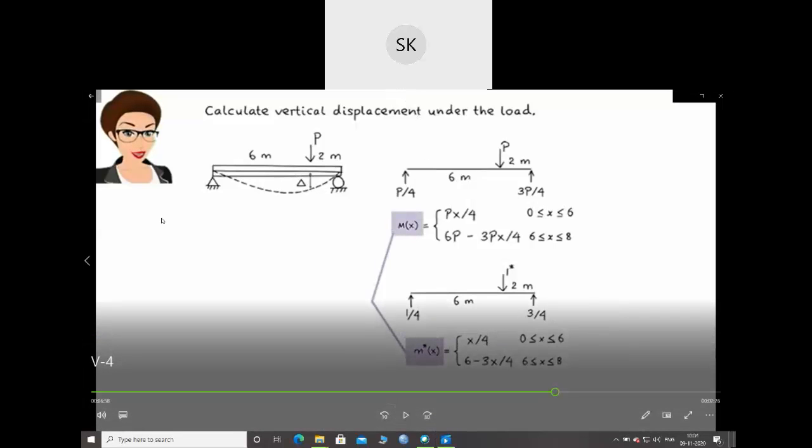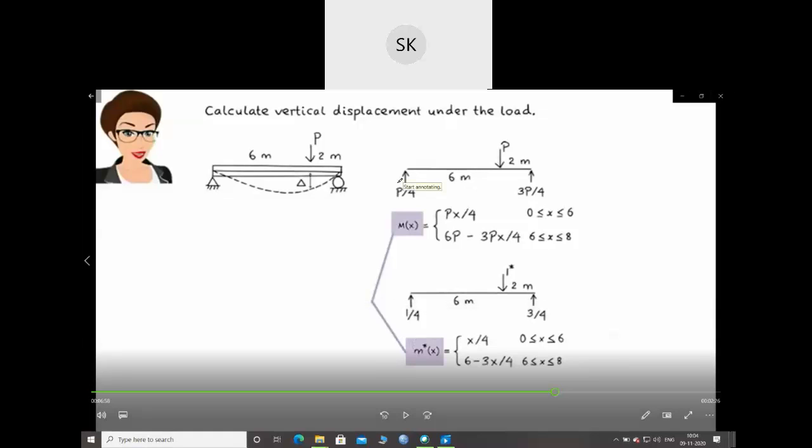So if you see in this beam, they have been asked to find out the virtual displacement under the given load. In the first phase, they have found out the deflection for the given load under this P. P by 4, 3P by 4, these are the reactions. So they have found out the moment for this beam for this condition.